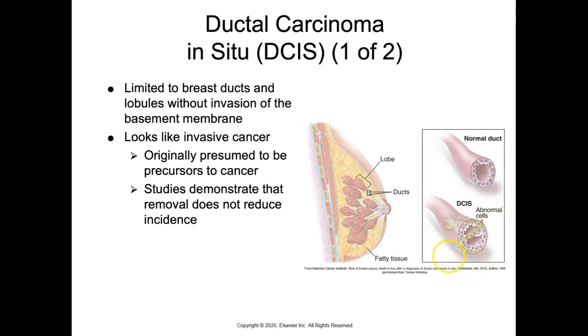And originally it was thought that these were precursors to cancer, and they thought you had to remove this carcinoma to reduce the incidence of cancer and mortality, but then studies demonstrated that removal wasn't necessarily going to reduce the incidence of carcinoma. So researchers are now rethinking the strategy for detecting and treating DCIS. Women who are diagnosed with this show that the risk from dying from breast cancer is actually very low.